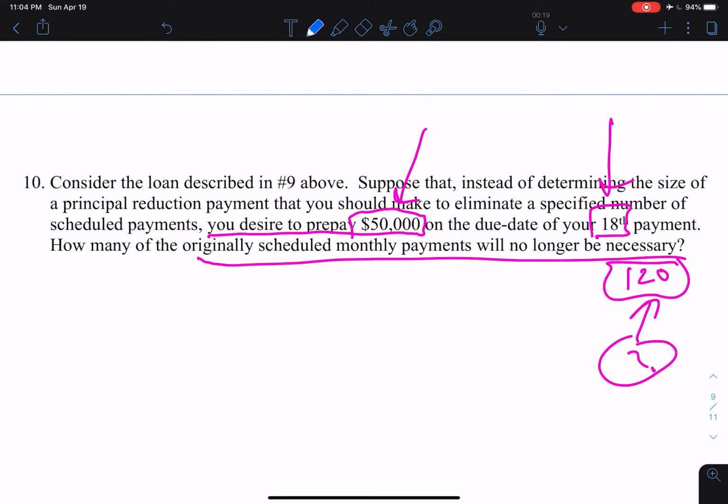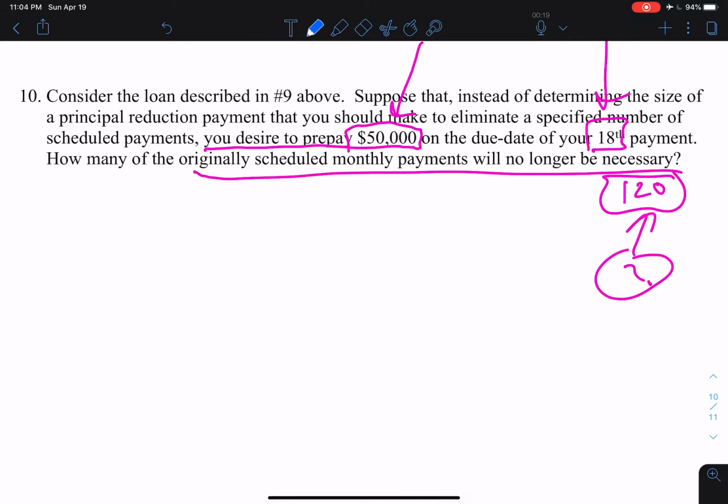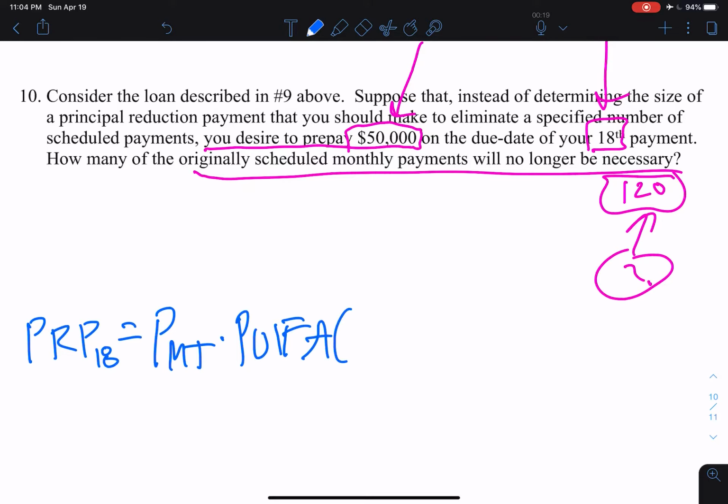So in this case, we can say that the principal reduction payment, PRP, that is going to be made at 18, this is the same formula for problem 10 and problem 9, is equal to the payment times PVIFA, where for us R is equal to 0.00604, and N is the number of payments to be eliminated.